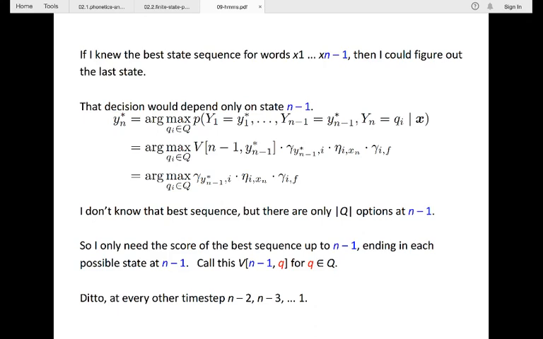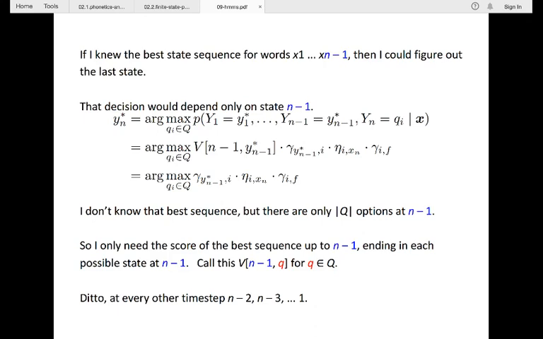Essentially, the idea is this is a Markovian process, and the Markov assumption is applicable. So I don't know that sequence to start off with, but there are only cardinality of Q options for n minus 1.